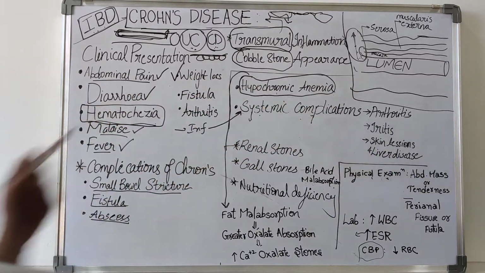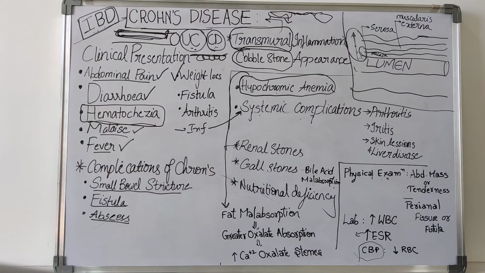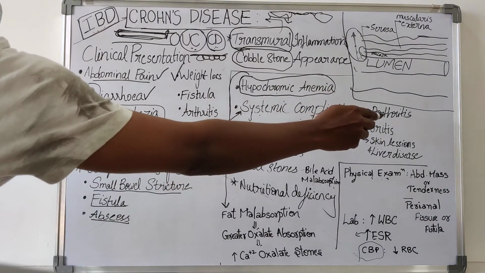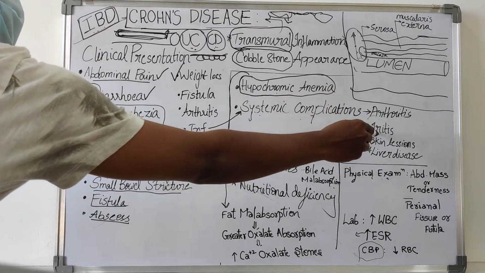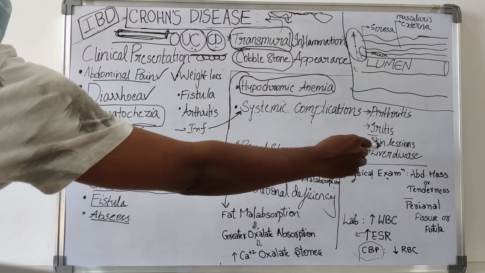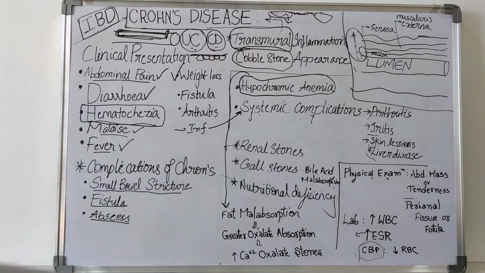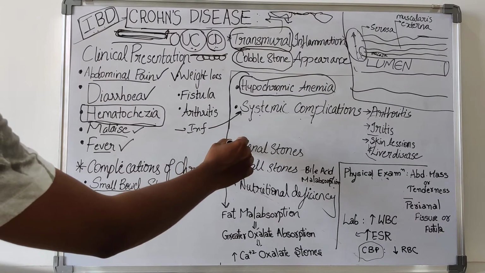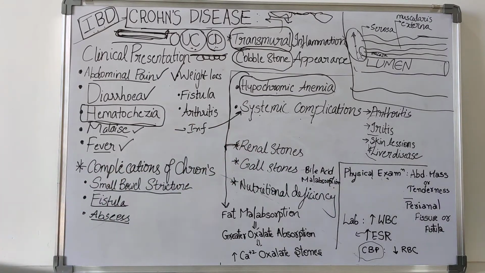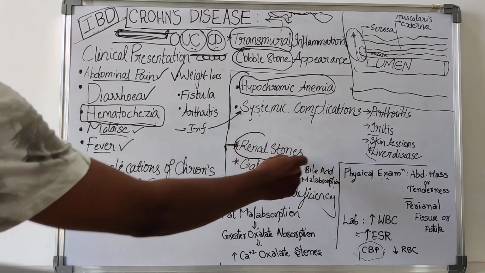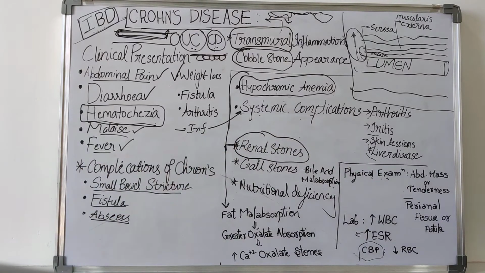What are the systemic complications that we can notice in a patient with Crohn's disease? There will be presence of arthritis, iritis or skin lesions, and there may be presence of liver disease even. And in complicated cases of Crohn's disease, we can notice renal stones. Why are there renal stones?